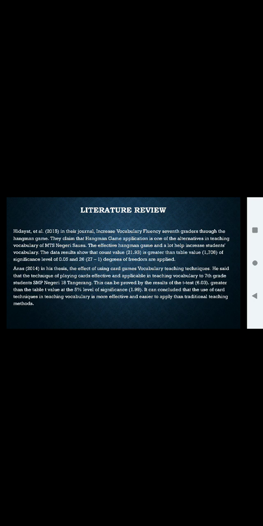The data results show that the count value 2193 is greater than the table value 177,706, at a significance level of 0.05 and 26 degrees of freedom.